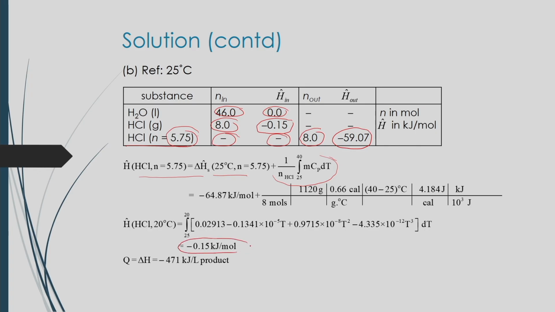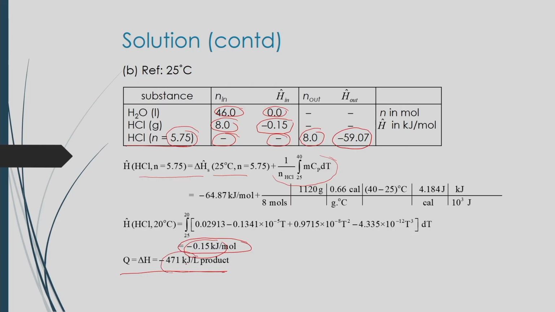this value of 0.15 kilojoule per mole of this hydrochloric acid at 20 degrees Celsius. And then, according to that enthalpy balance, or heat energy balance, the total enthalpy change will be equal to this minus 15 kilojoules multiplied by the total moles of hydrochloric acid solution, and accordingly you can calculate it here.